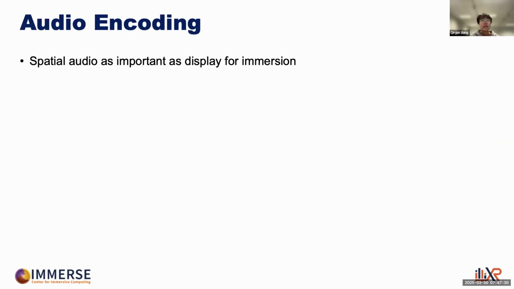All right, then that leaves us with the last pipeline, which is the audio pipeline. The audio pipeline really takes care of creating 3D or spatial audio that simulates the effect of knowing where the sound is coming from, so as to create a very good immersive experience.